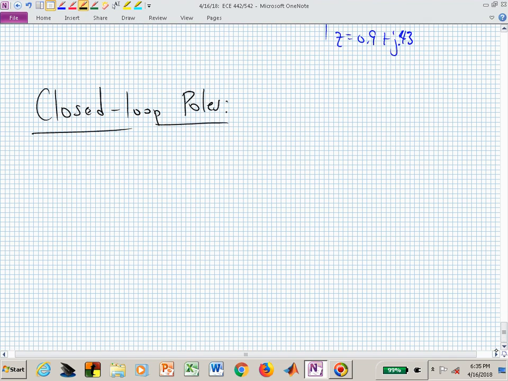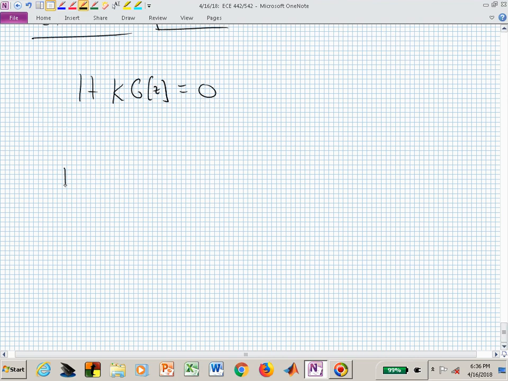What's that formula look like? What's the expression for my closed loop poles? That's my denominator. I'm trying to find the values of z that cause that to vanish. For my system, it's 1 plus 2k over z plus 1/2, z minus 3/4, z minus 1 equaling 0.